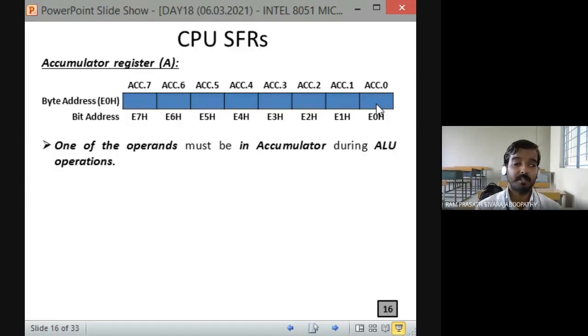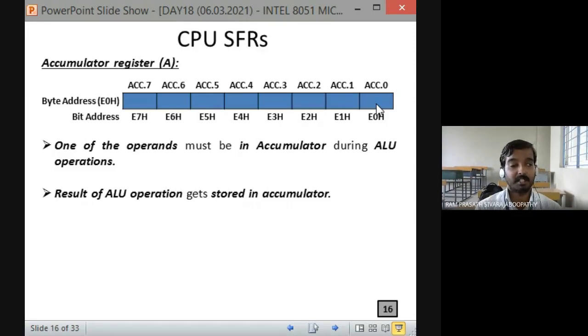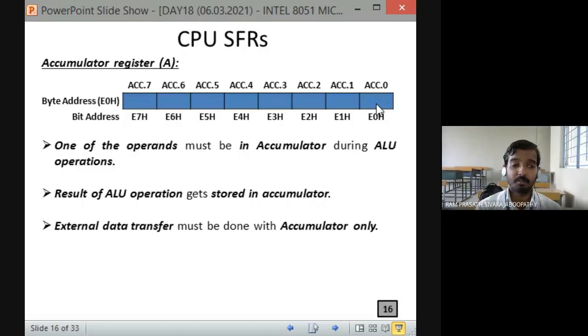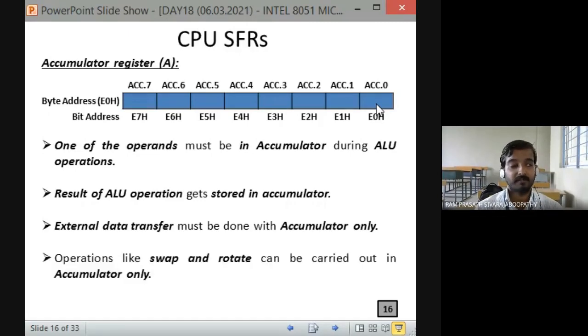One of the operands of an ALU operation is the accumulator. Next, the result of ALU operation gets stored in the accumulator. Next, for external data transfer you must use the accumulator. Operations like swap and rotate can be carried out only in the accumulator.